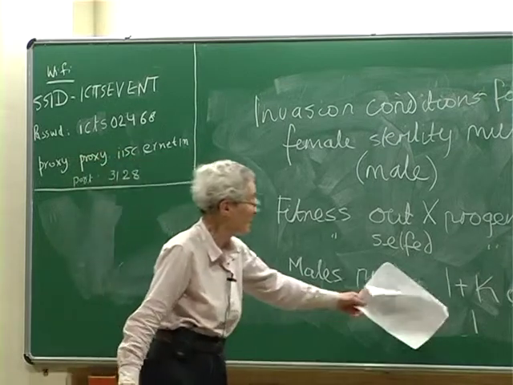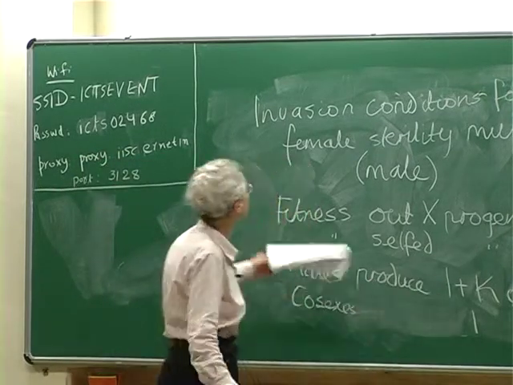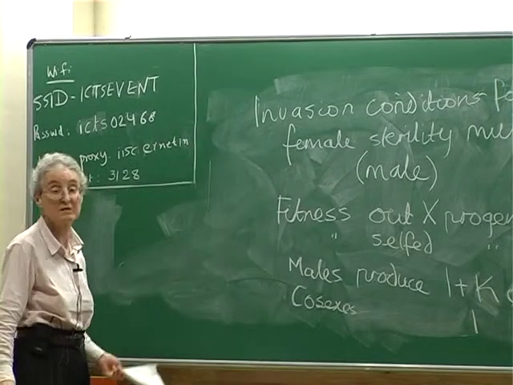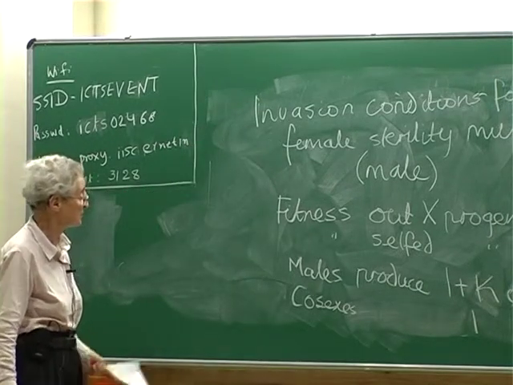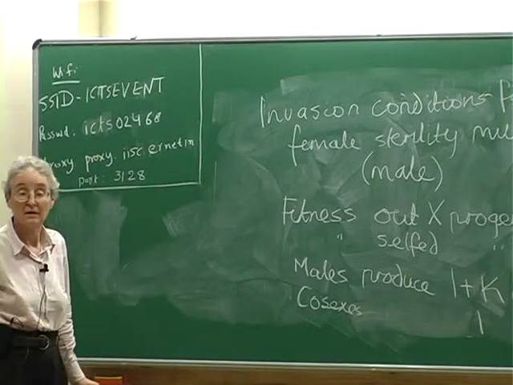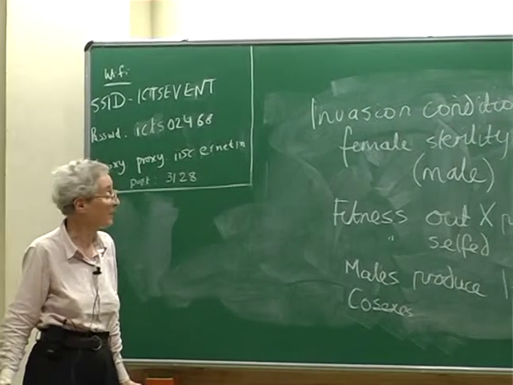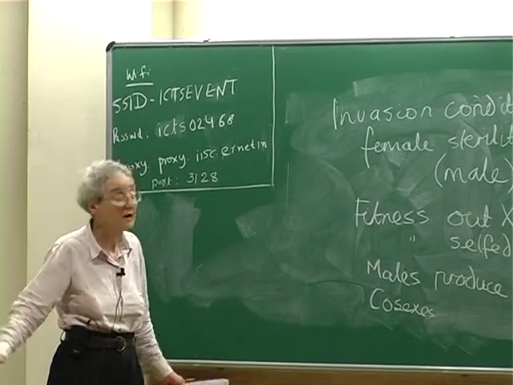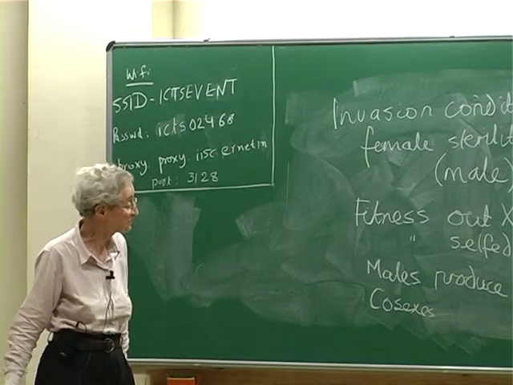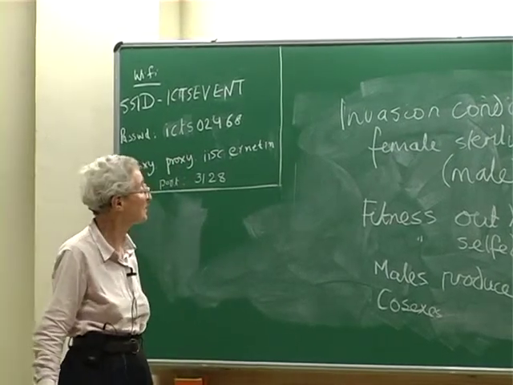So now the problem is, as I said, to calculate the invasion conditions for a female sterility mutation. What is required in order to have the males have a higher reproductive fitness than the co-sexes? That's what I'm asking you to work out.